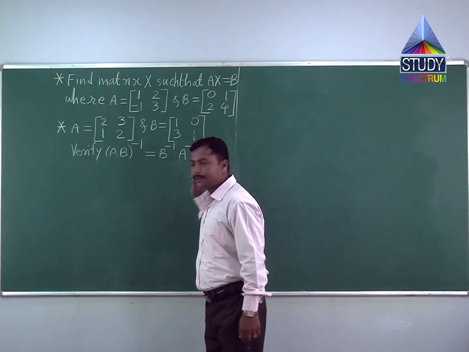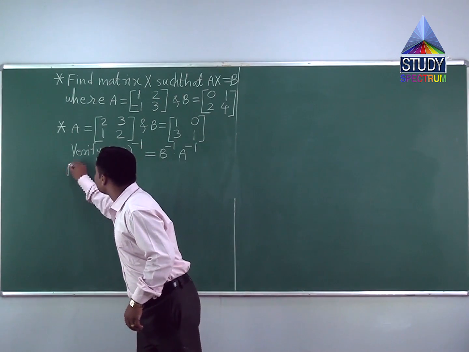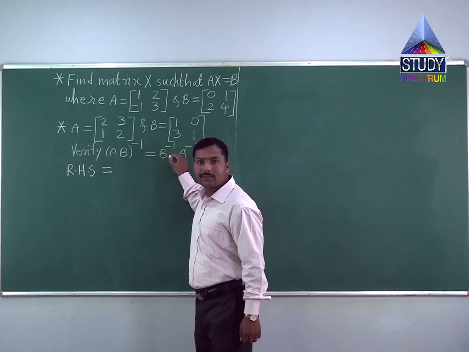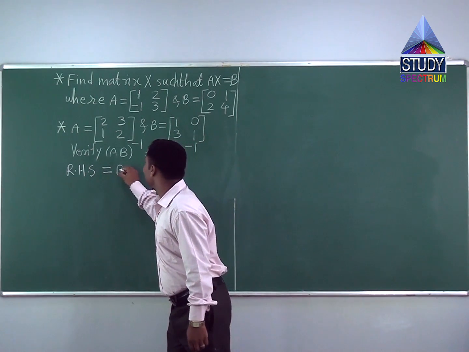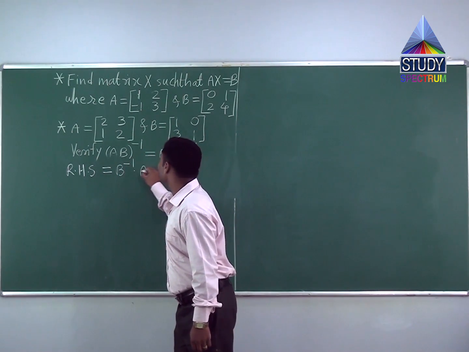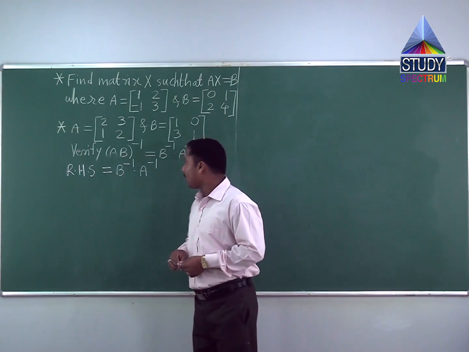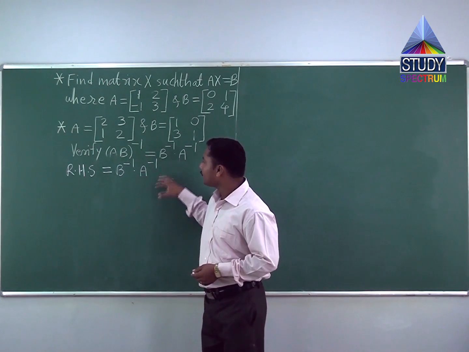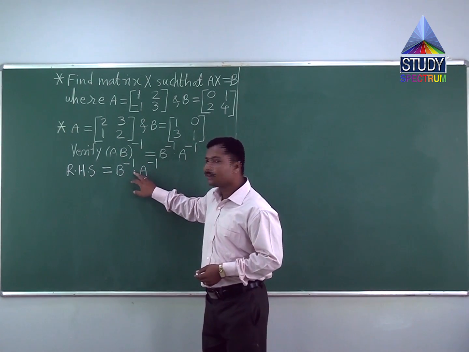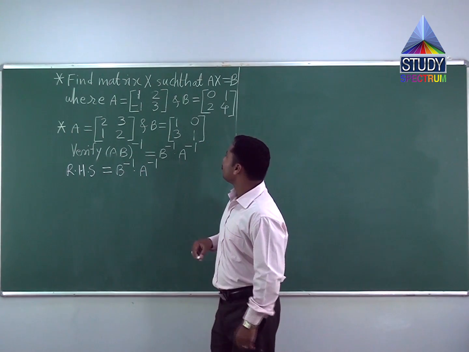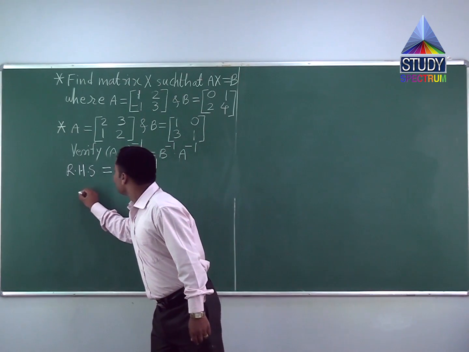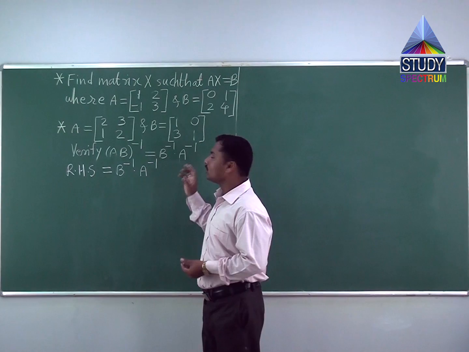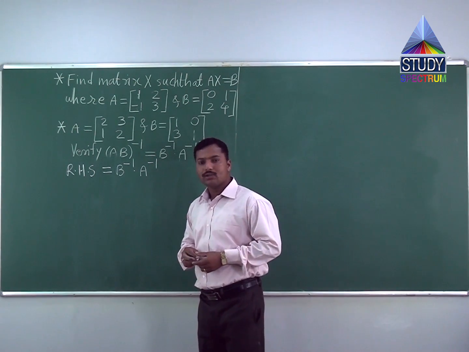In this manner we also prepare the RHS. So RHS equals B inverse into A inverse. First we find A inverse and B inverse, and then we take the product of these two inverses with each other. For finding A inverse and B inverse, first we use the same method, the adjoint method.